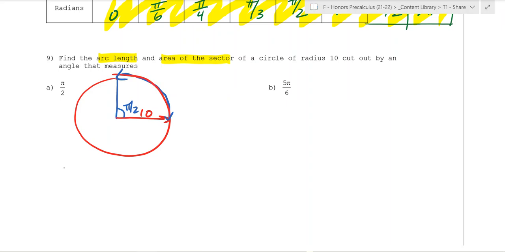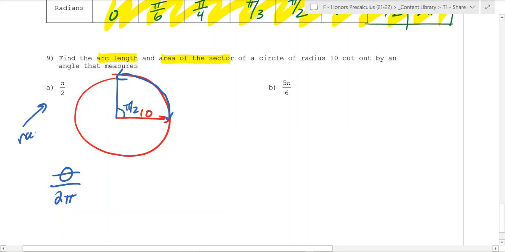In this case, the formula is theta over, same thing, but over 2 pi, because instead of degrees, we are in radians. This is a radian measure. So the only thing that changes is instead of 360, it's 2 pi. So we end up with theta over 2 pi times 2 pi r, and that's going to be the arc length right here.